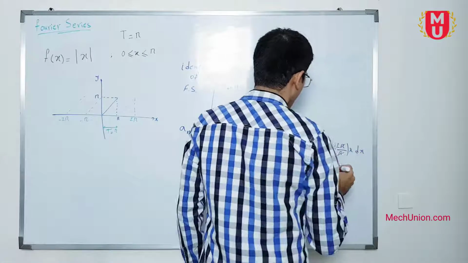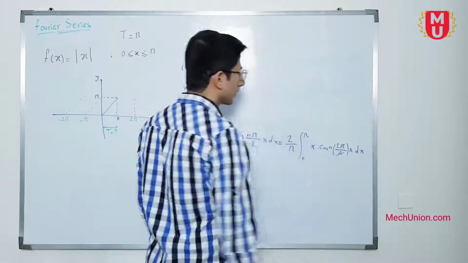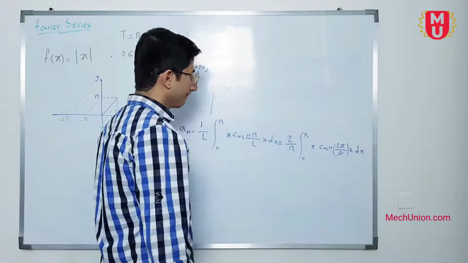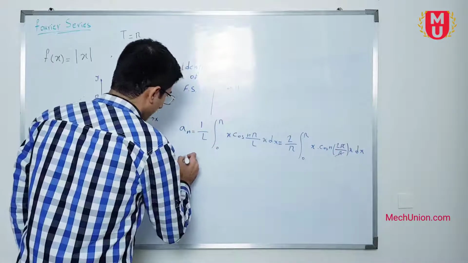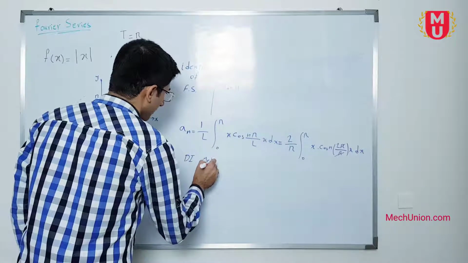Cancel out the pi. This is also an integral where we should use the integration by parts method. We use the I method or component method.